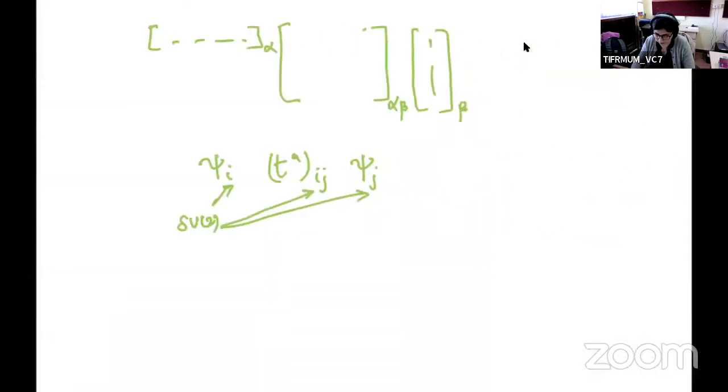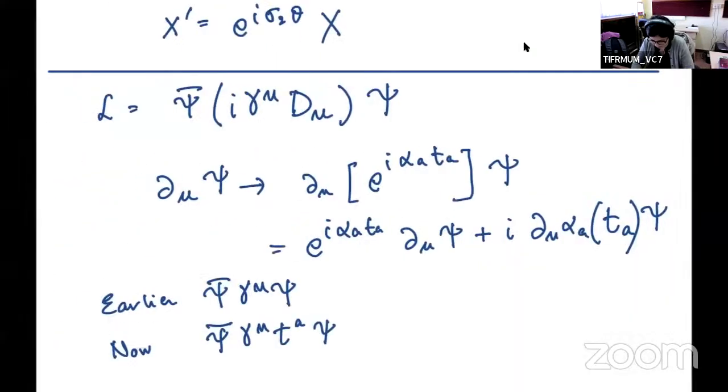So you can think of that as having an extra component here, an extra component here, and then an extra matrix that multiplies here. Sorry for the bad drawing.